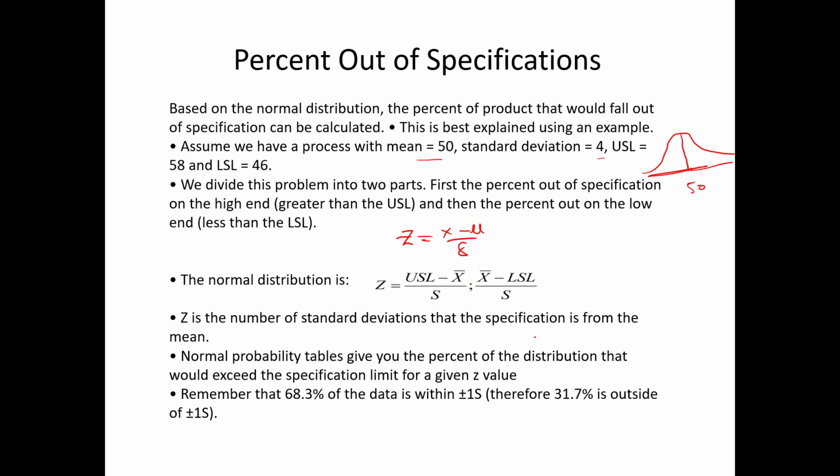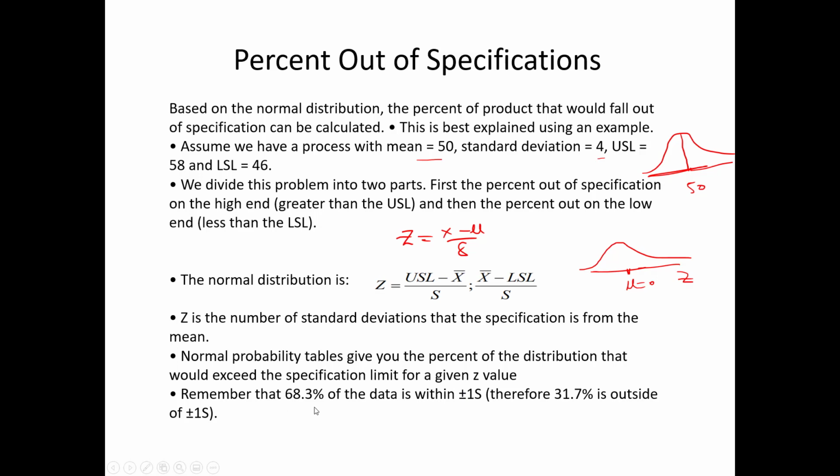Z is the number of standard deviations, and you people know when we transform a normal distribution to the standard normal distribution, then this line is Z and the mean lies at 0. Z is the number of standard deviations that the specification is from the mean. The normal probability table gives you the portion of the distribution that would exceed the specification limit for a given Z value.